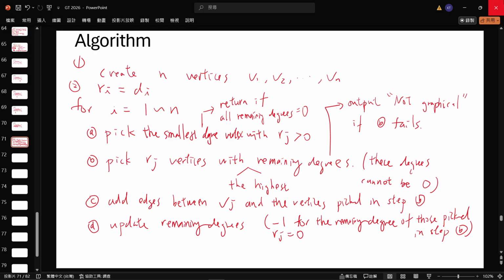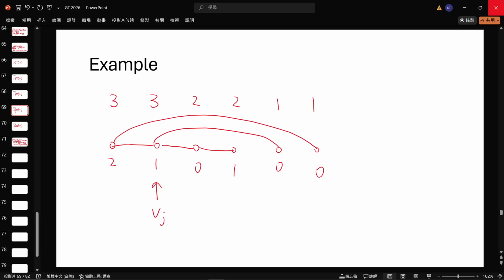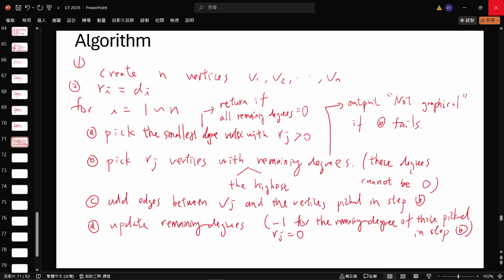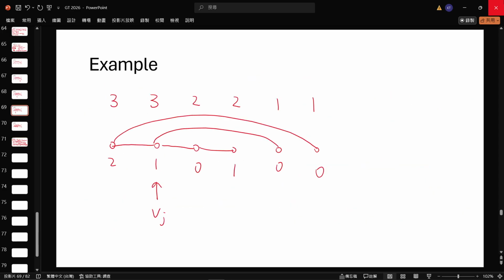When we choose the vertex in step A, we always choose the smallest one, okay? But this is just an example, okay?